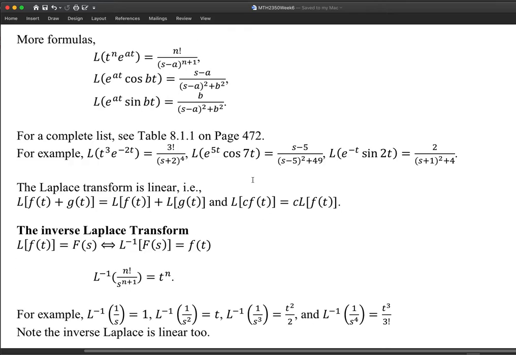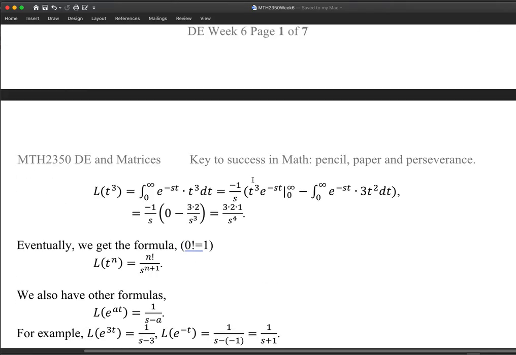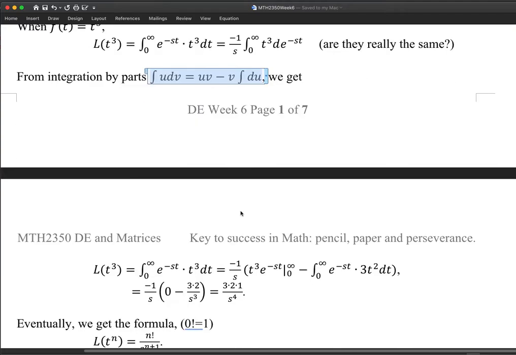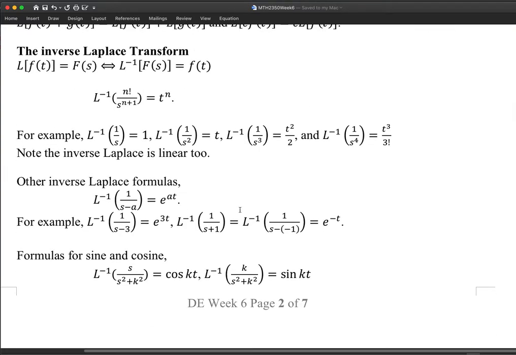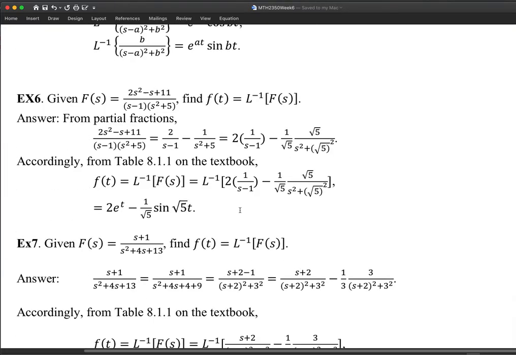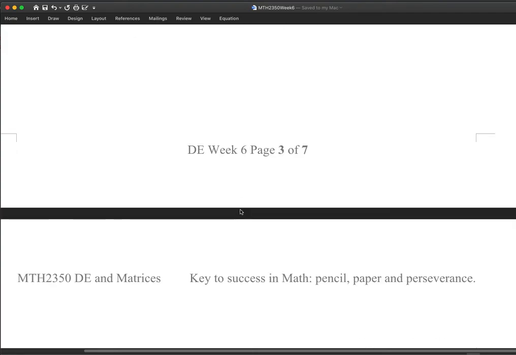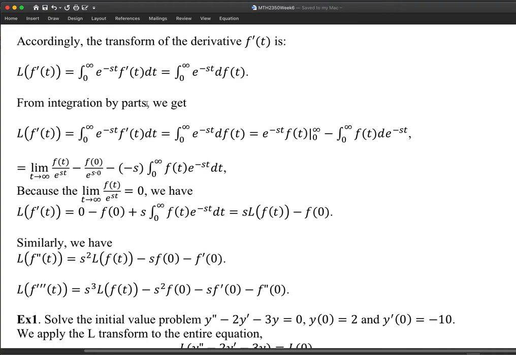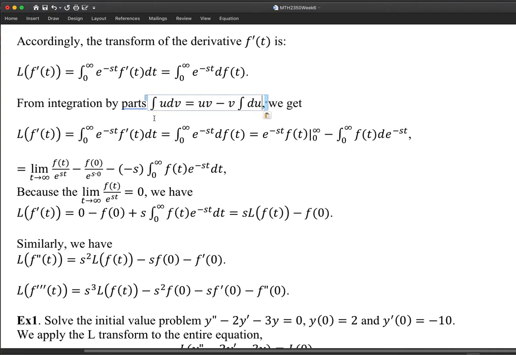Let's try to copy down the integration by parts formula. It's right here. This is the formula I'm talking about, the integration by parts. Let me see if I can copy and paste it to the new place quickly. We're in section 8.2. We are considering the transformation of derivatives using integration by parts. Actually, I copied it 2 times. I only need 1, right?